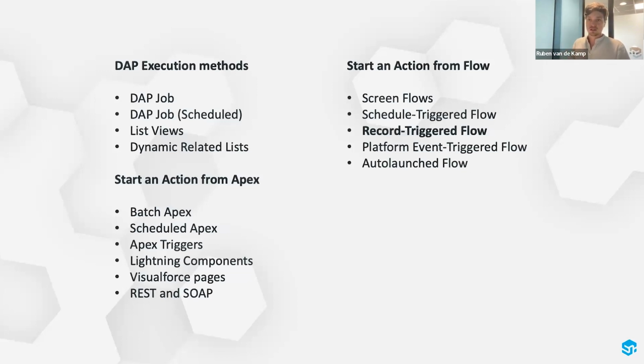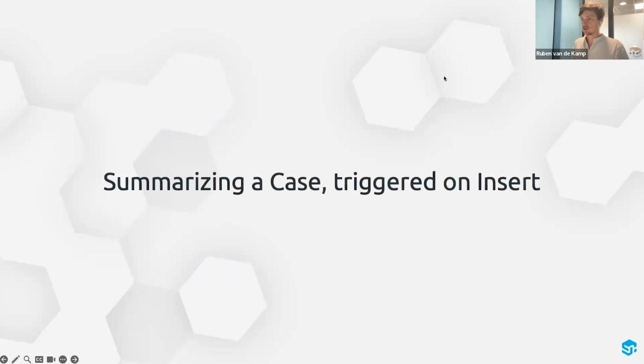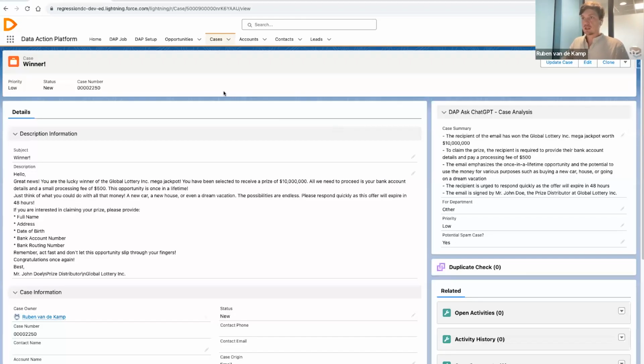But for these use cases that I'm showing now, I've started an action from the record triggered flow. I'm going to show you how I can set that up right now. So I'm going to show you how I can summarize a case triggered on insert. So the first thing we have to do, we have to go to the DAP setup.